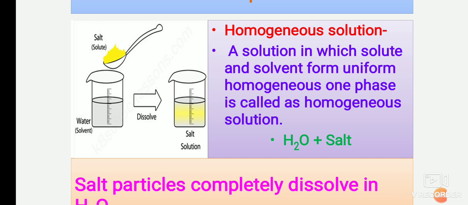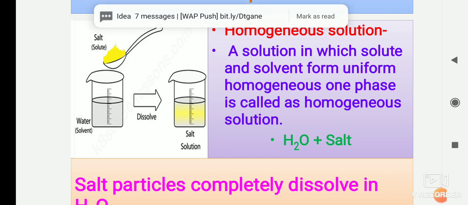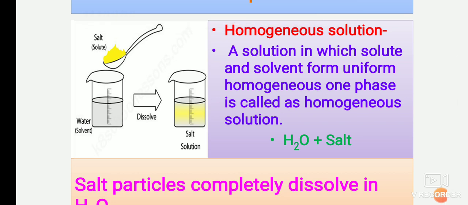A solution in which solute and solvent form a uniform homogeneous one phase is called homogeneous solution. For example, water plus salt. In the beaker, there is water as a solvent.